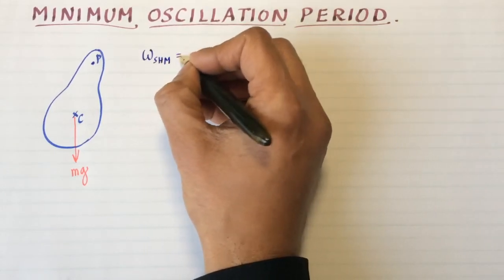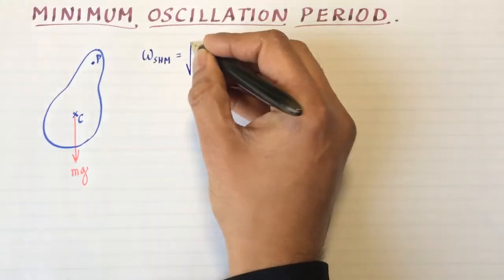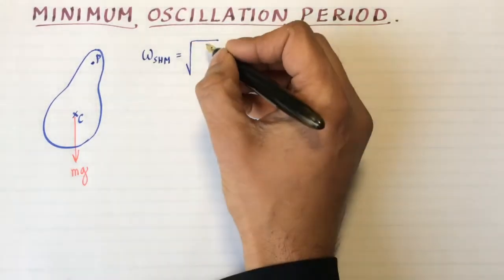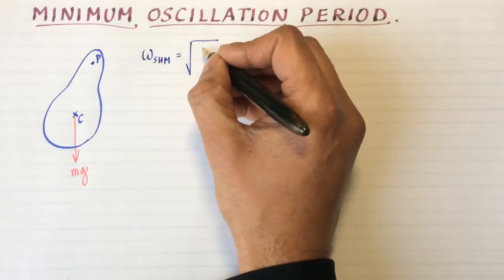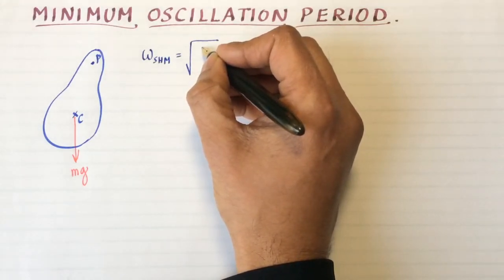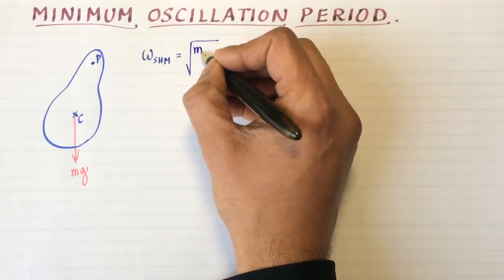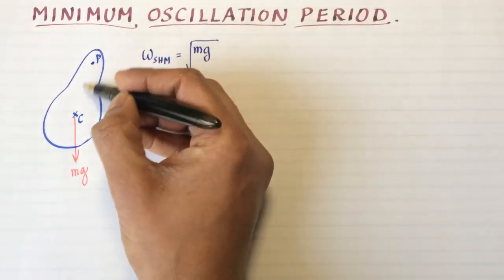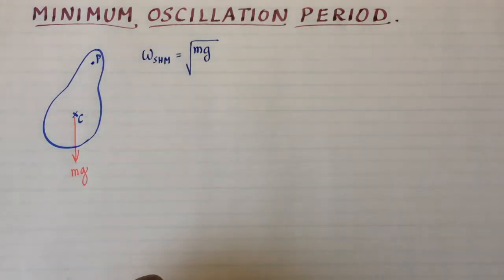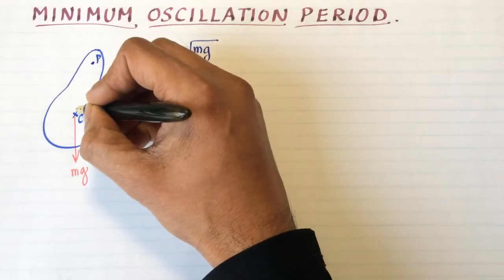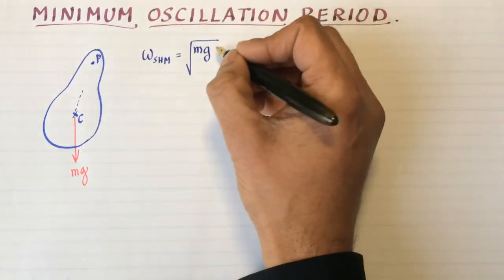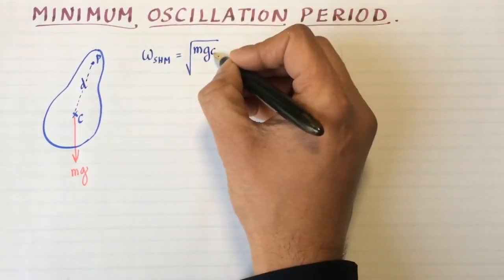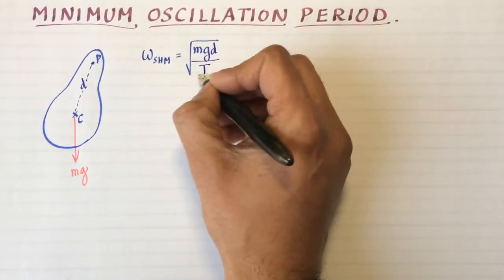The frequency of simple harmonic oscillation of a physical pendulum would be the square root of the acceleration due to gravity times the mass times this distance between the pivot and the center of mass, which I will call D, divided by the moment of inertia about the pivot point.